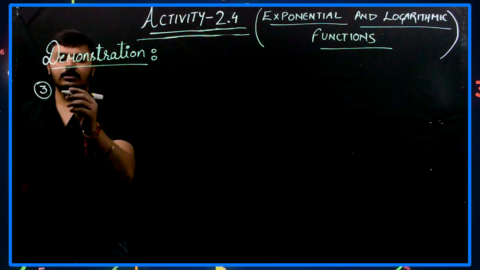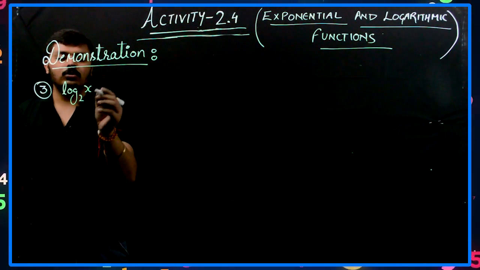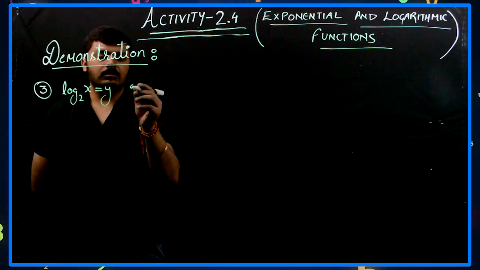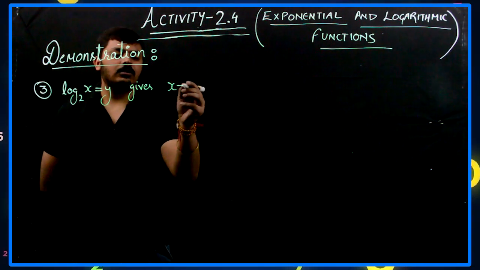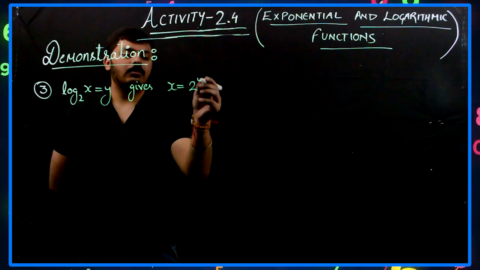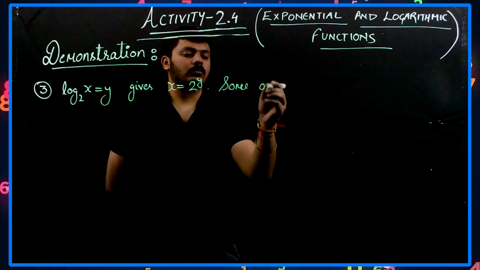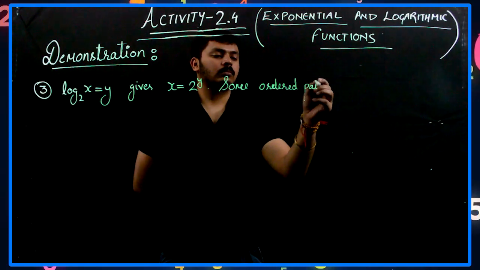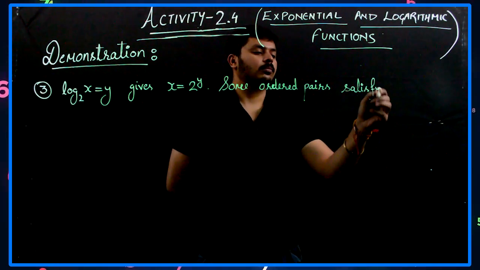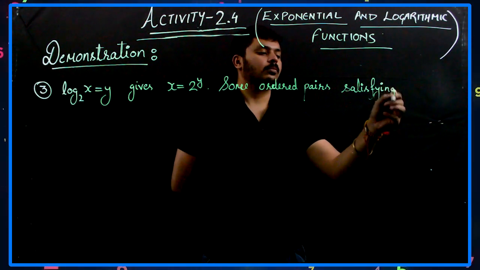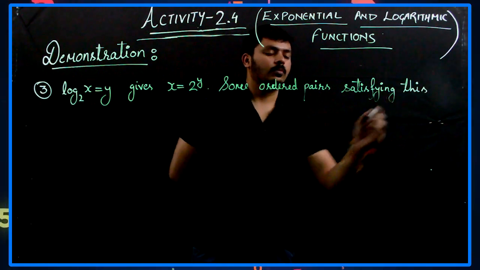So our third step is: log x to the base 2 equal to y gives x equals to 2 to the power y. So some ordered pairs satisfying this are.